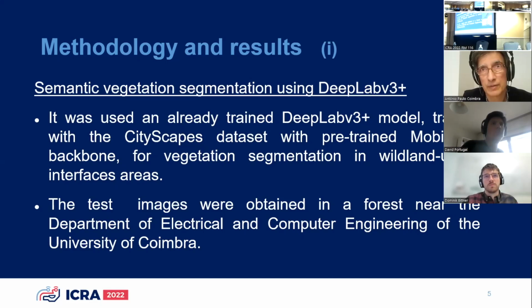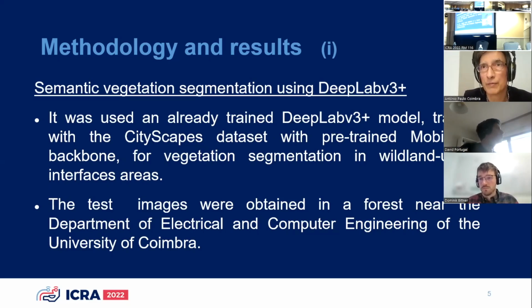Different forests with different species might pose different issues in identifying vegetation, because the ground vegetation is different from forest to forest, and so this is something that we have to check.